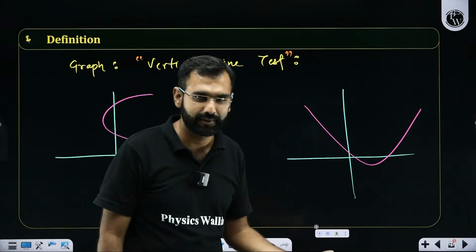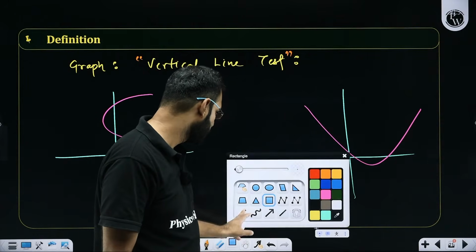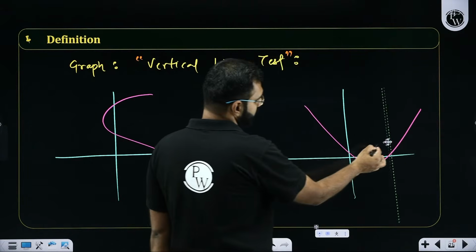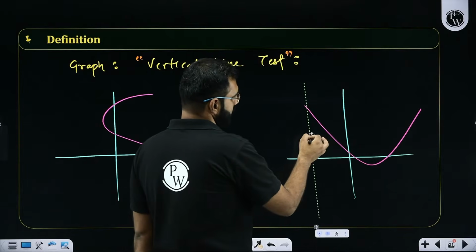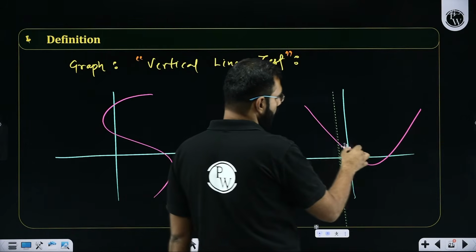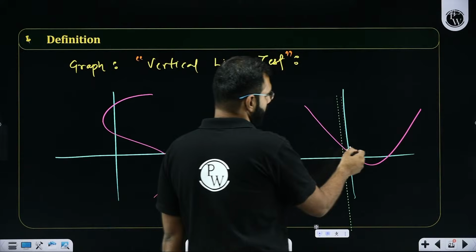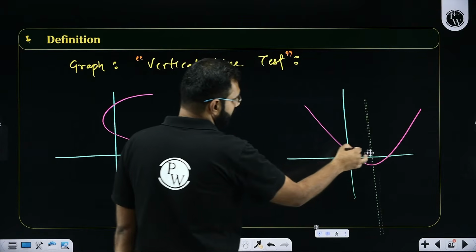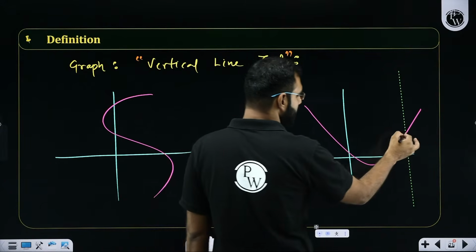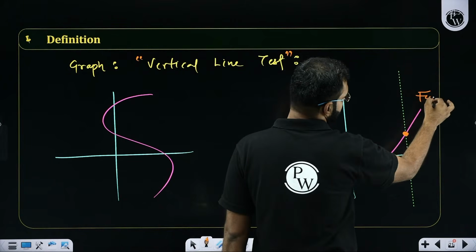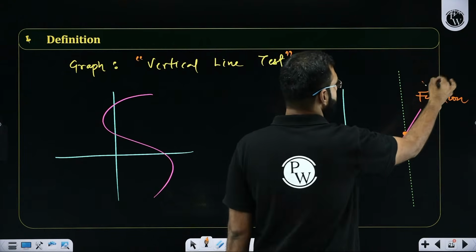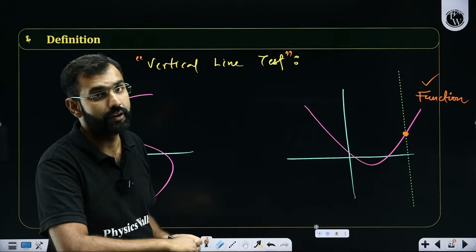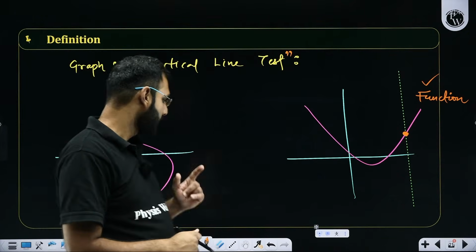The vertical line test says that if you draw a line parallel to the y-axis, that means a vertical line, and if that line anywhere on this curve intersects it at either once or not even once, but not more than once, then I will, without any hesitation, call it a function. Yes or no? Absolutely, yes, indeed.